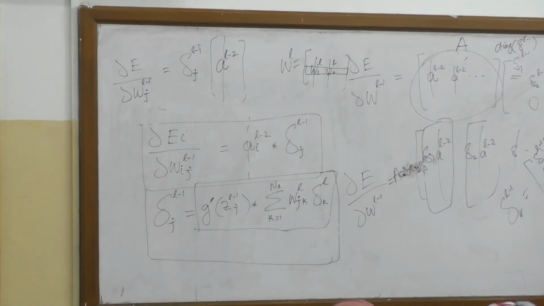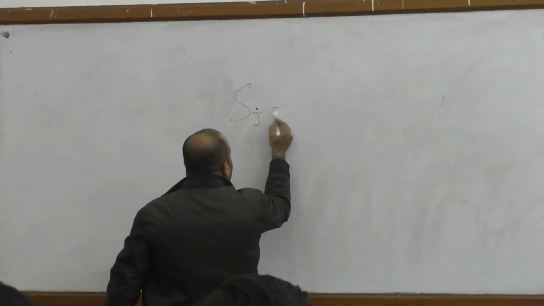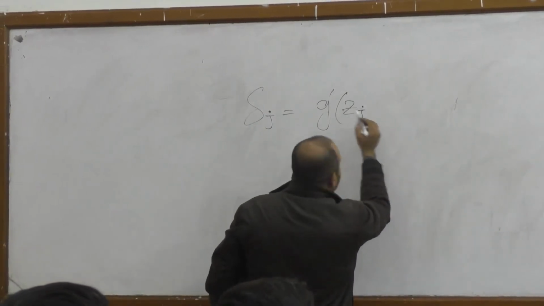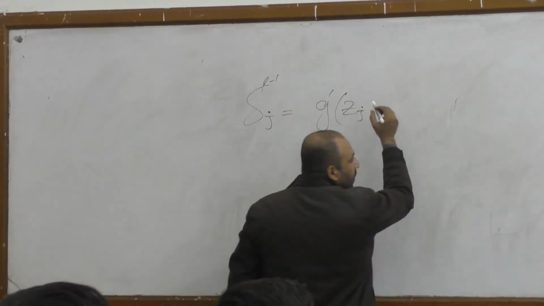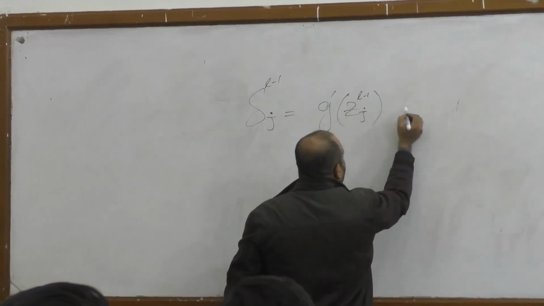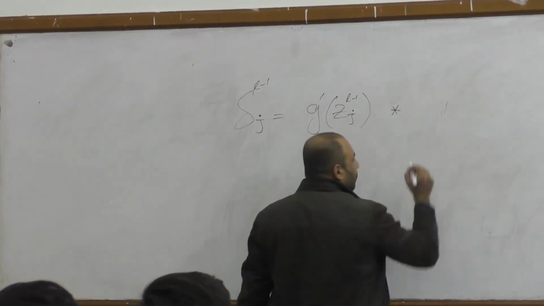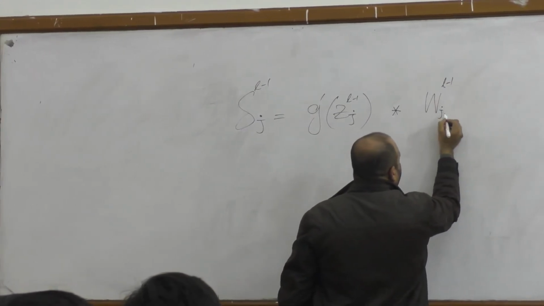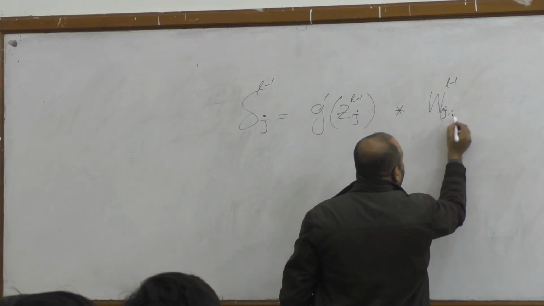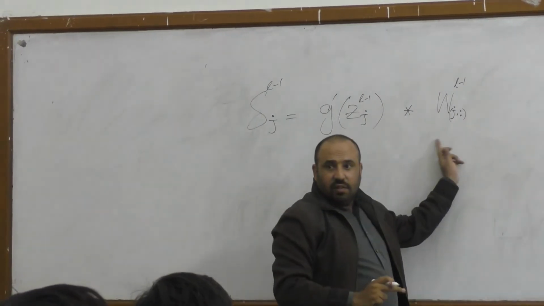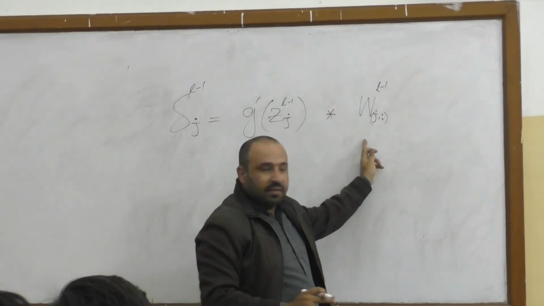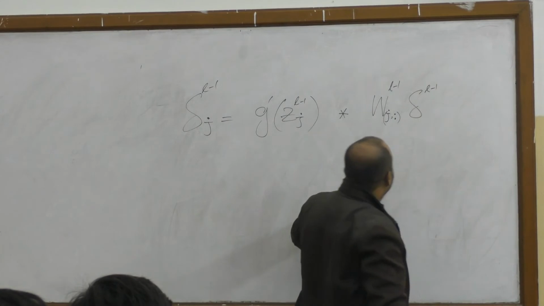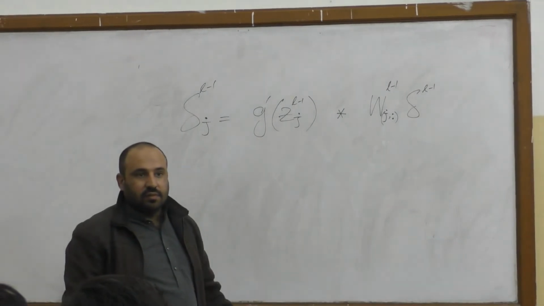So this means the jth row of this matrix multiplied by this L minus 1. K is out. Yes, K is out.